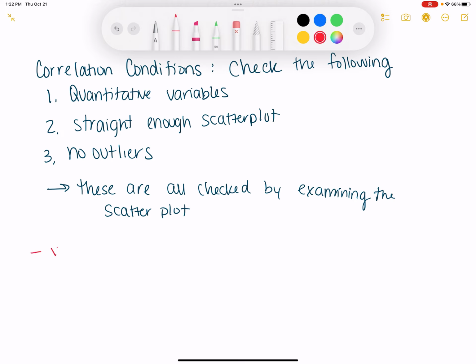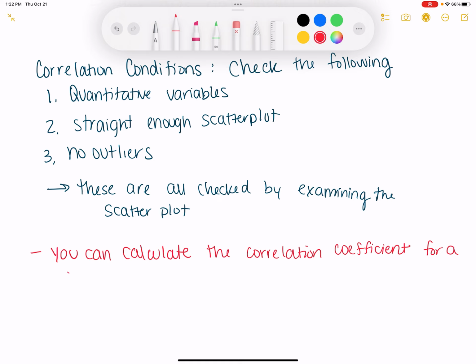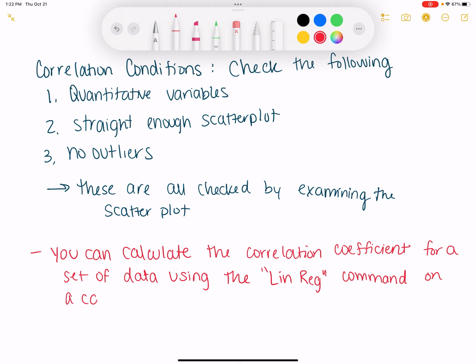All right, you can calculate the correlation coefficient for a set of data using the linreg command on a calculator.